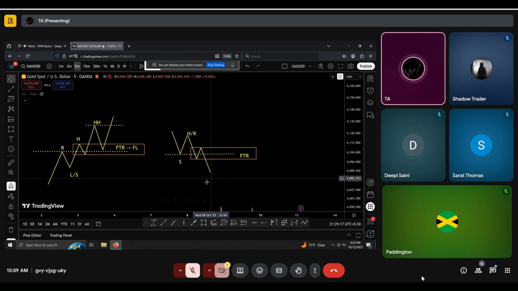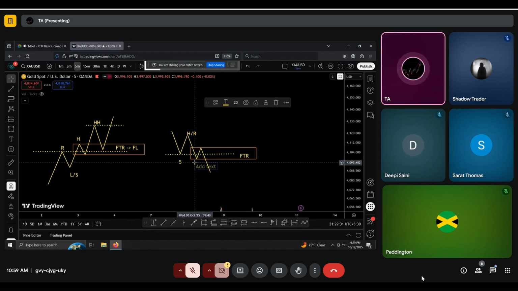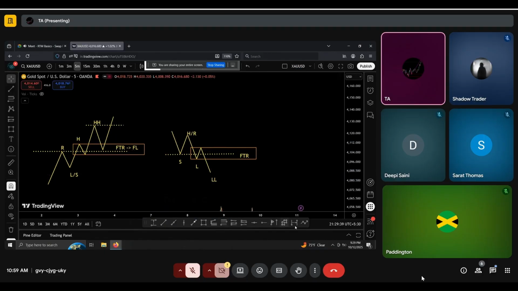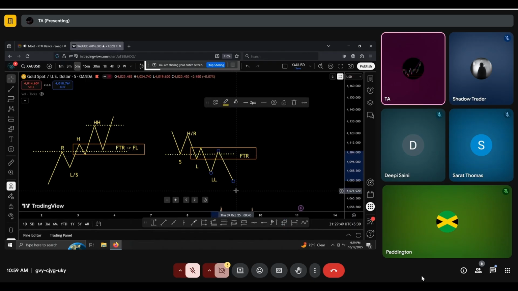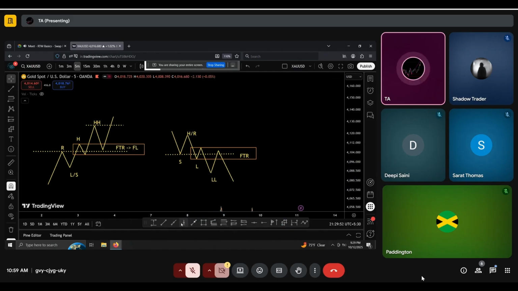What is formed here as support, we can say this low. This is the formed low and this is the lower low, so we will denote this as the lower low. Price goes back again into this zone, can go here, but should not cross this box to the upside, and come back again. It should cross this lower low level here.